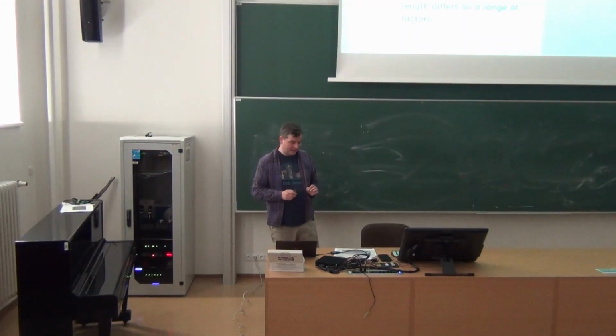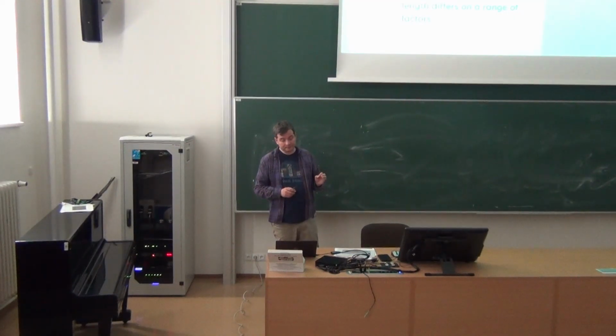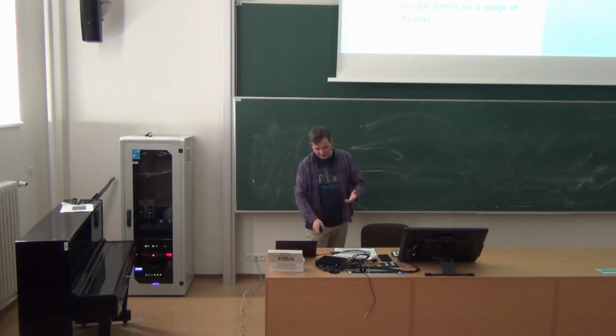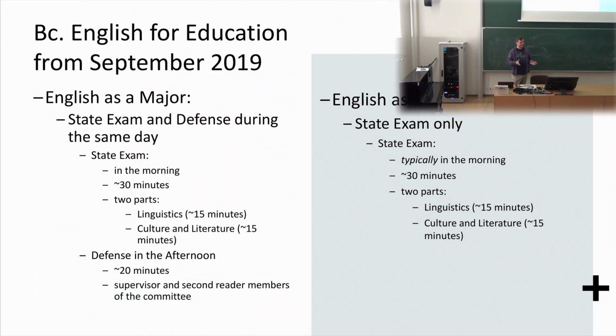Another thing which is important to mention is that you're not going to be tested by the same topic twice. So, in other words, if you pick, let's say, romanticism in part A, then it's guaranteed that romanticism is not going to appear once again in part B, or the other way around.